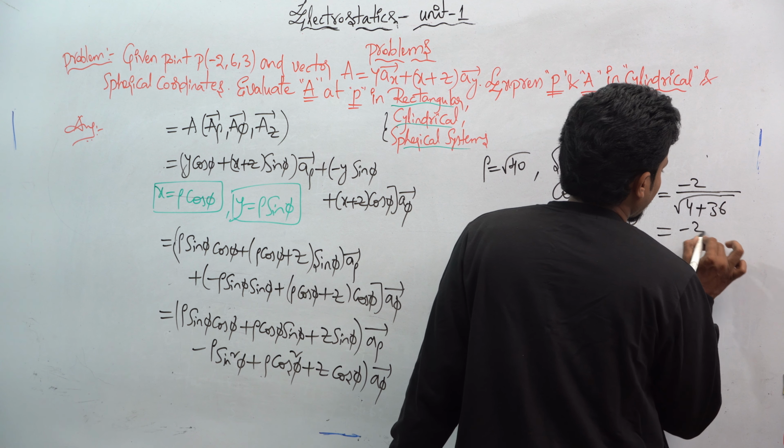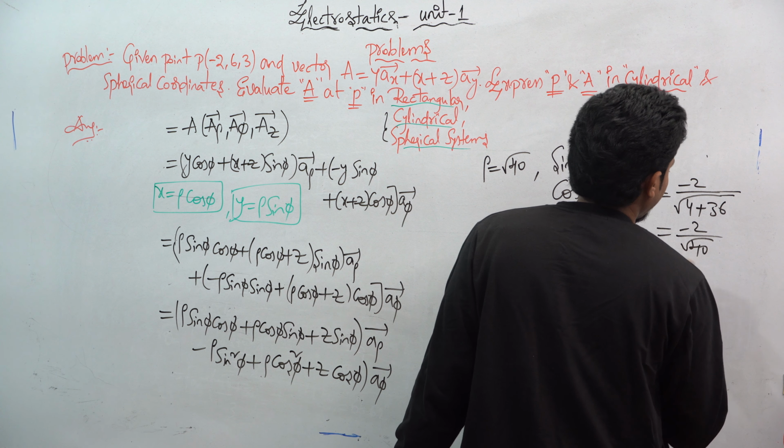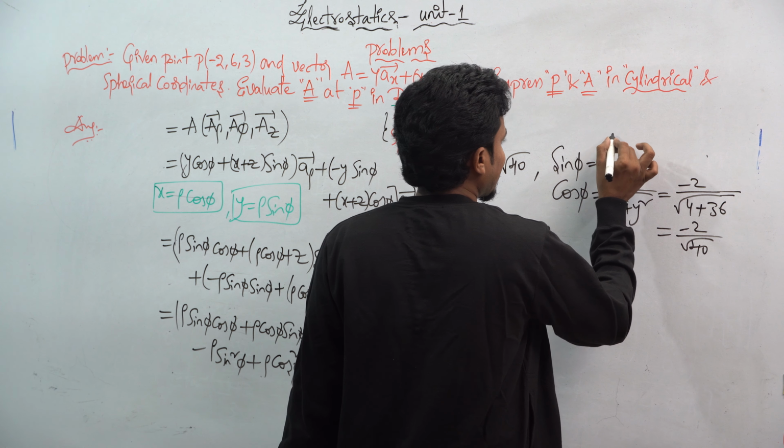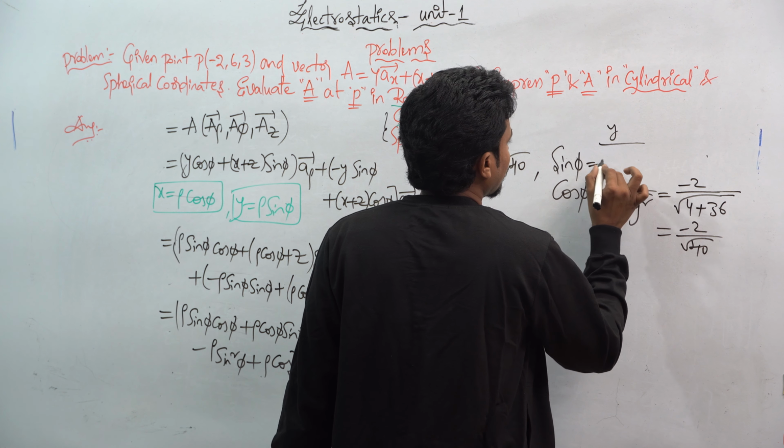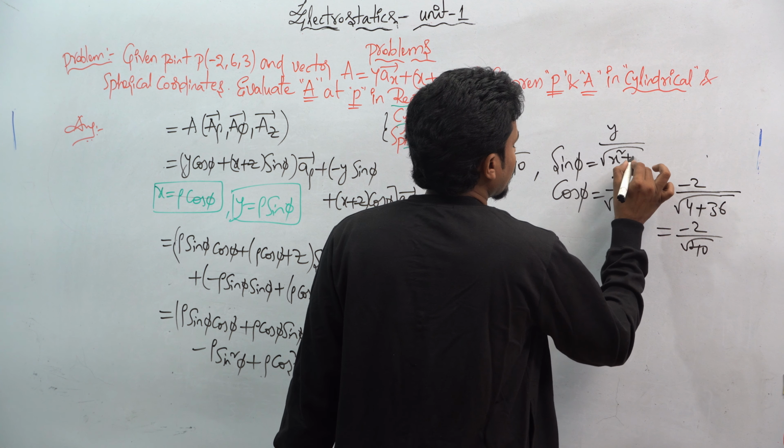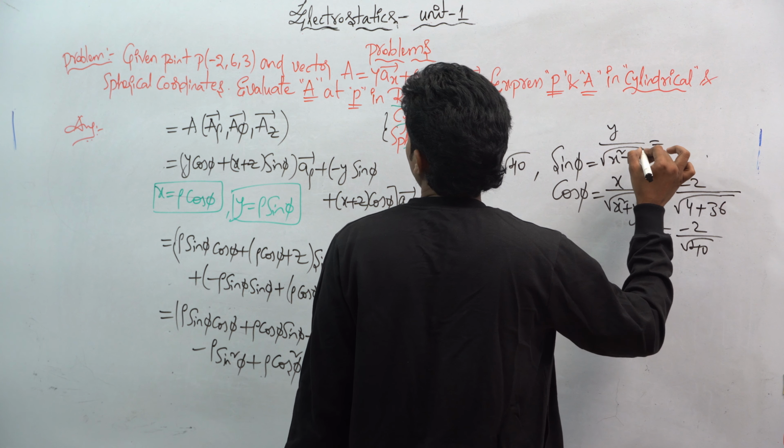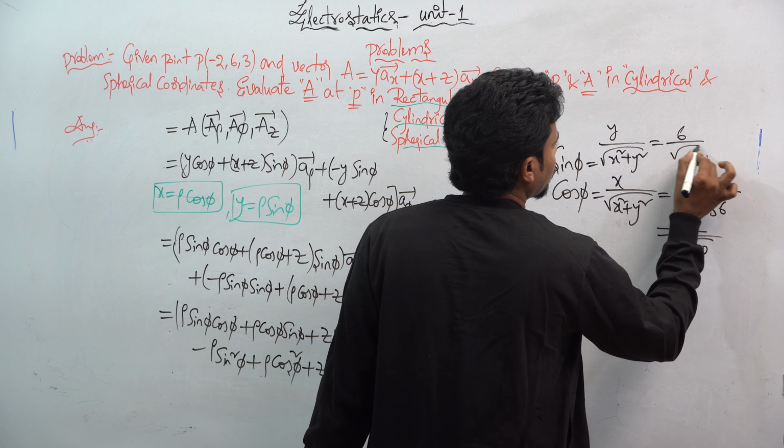So this will become minus 2 divided by root 40. And sin φ is y divided by root of x square plus y square, and y is 6 divided by root 40.